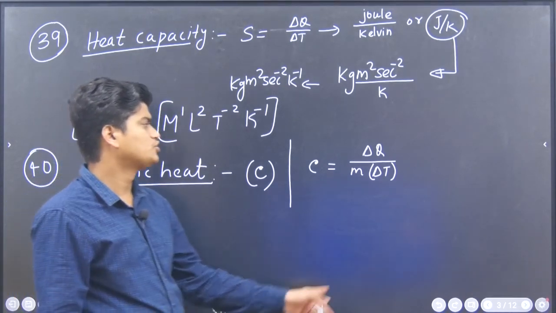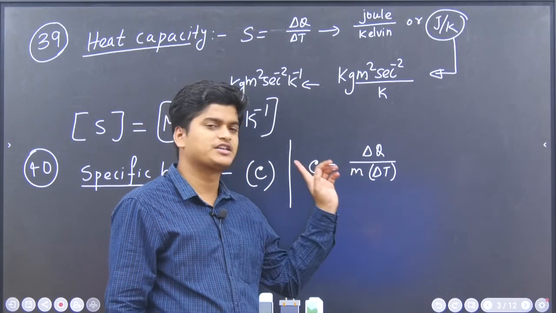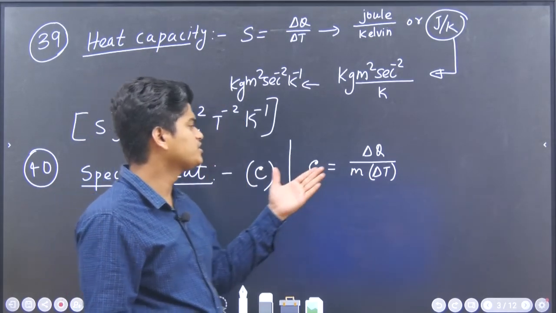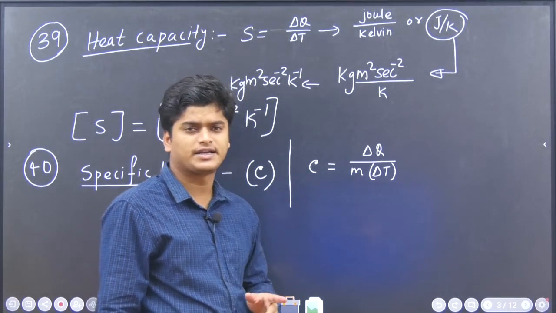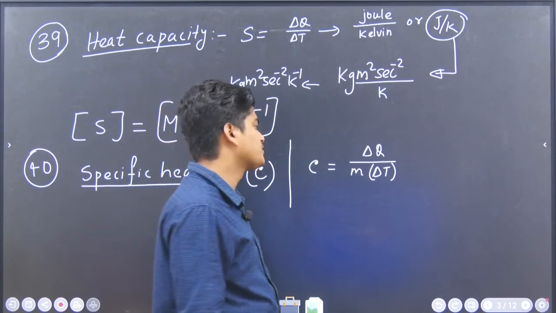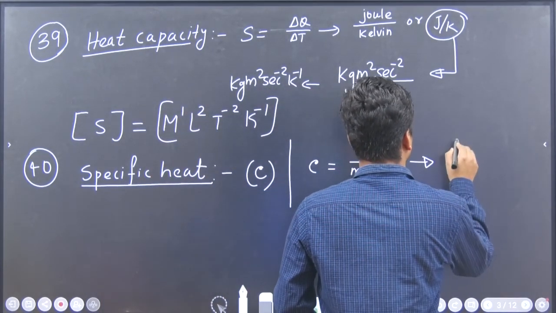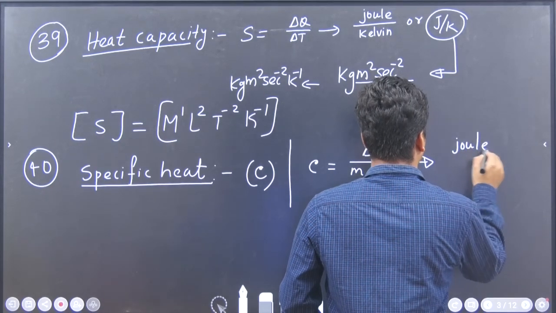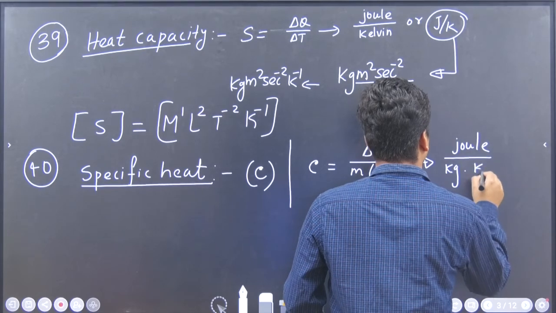Remember here, this is heat, this is the change in temperature, and this is the mass. How much heat is required to raise the temperature by 1 degree centigrade of a substance is called the specific heat of that substance. So the unit is joule divided by kg into Kelvin.